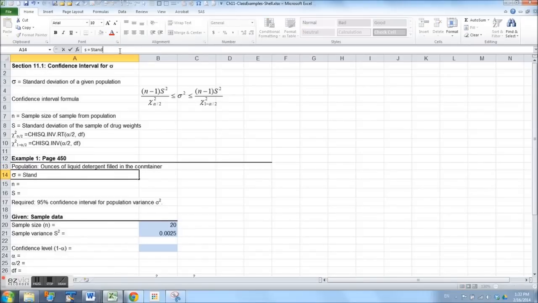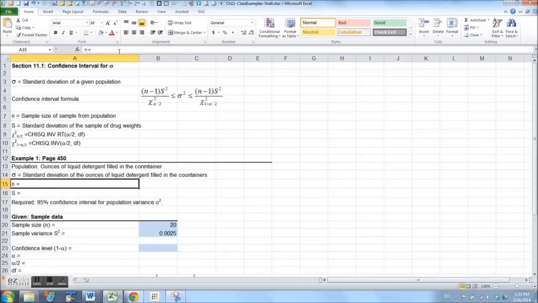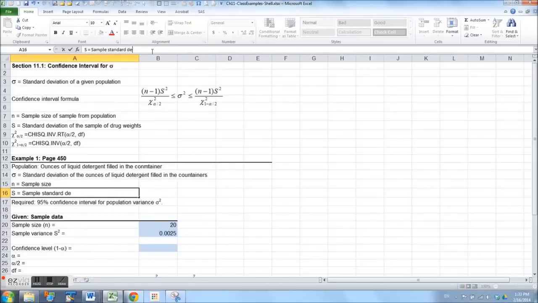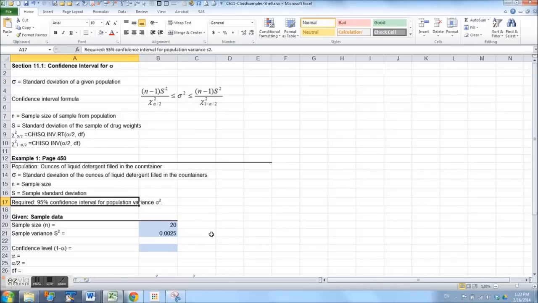Sigma is the standard deviation of the ounces of liquid detergent filled in the containers. n is the sample size and s is the sample standard deviation, or s squared will be the sample variance.